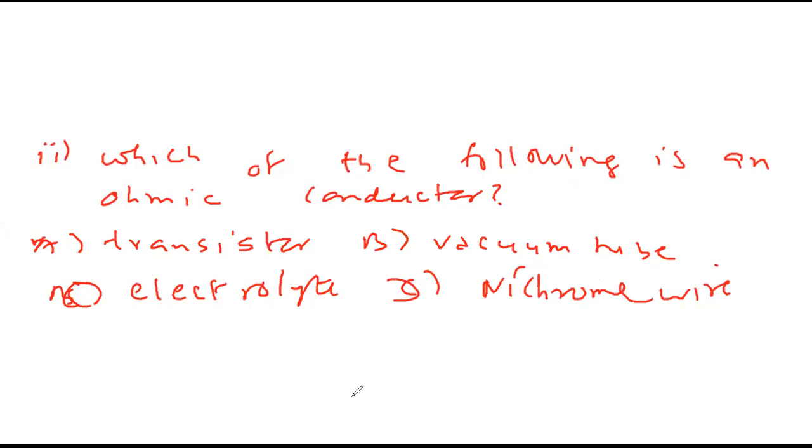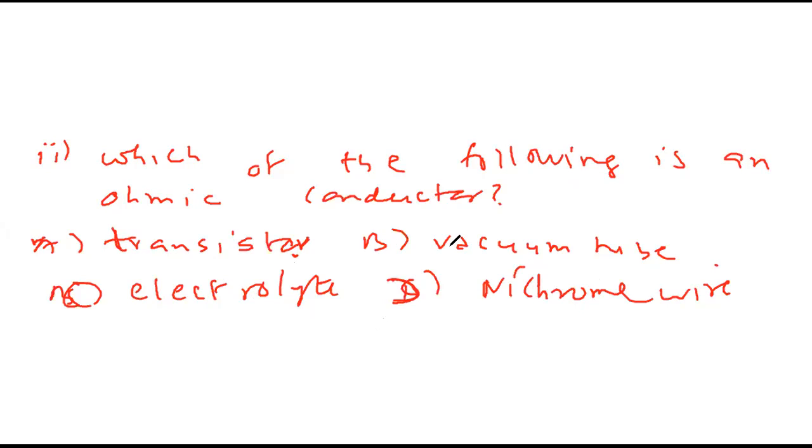Which is ohmic conductor means obeys Ohm's law. Have you heard about transistor? I'm not talking about radio. Transistor is an electronic device. Sir, I have not heard about transistor or vacuum tube, but I know ohmic conductor means metal.